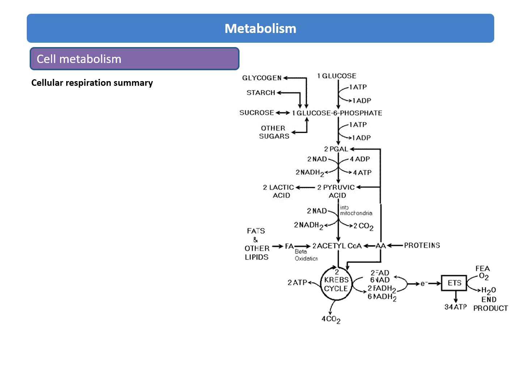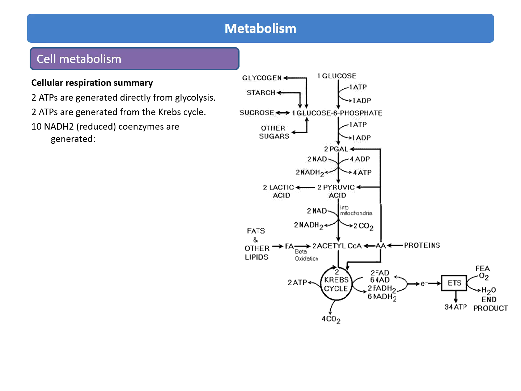Let's summarize cellular respiration. 2 ATPs are generated directly from glycolysis. 2 are generated directly from the Krebs cycle. These would be the substrate level phosphorylations. 10 NADH2s are generated.